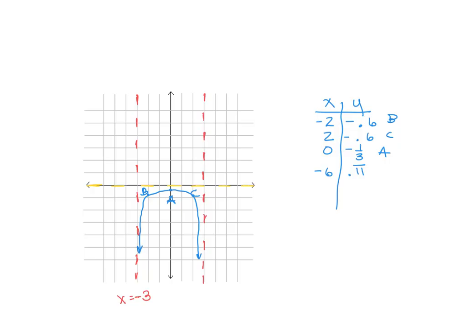But we have (-6, 0.11). And I think the next nicest number I have is (-6.11). And the next nicest I have is negative 5.19. And again, this is an approximate.